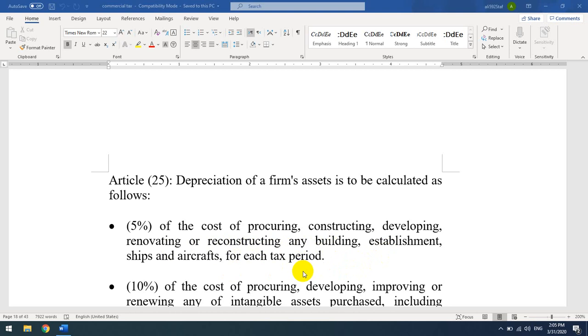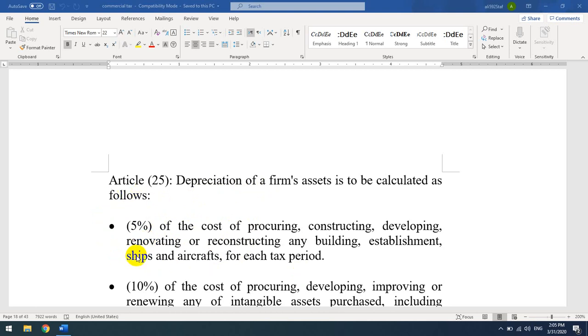How to compute the depreciation of this group? The depreciation of this group has to be calculated using the straight line depreciation method at a 5% rate.